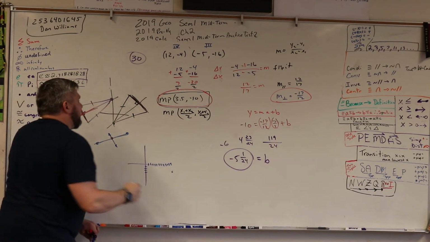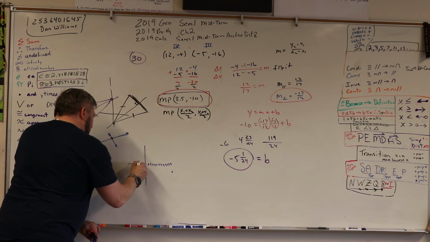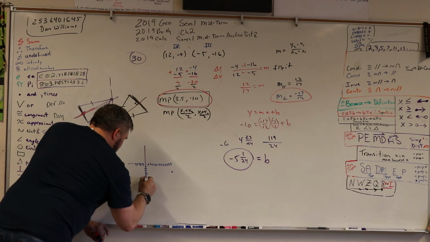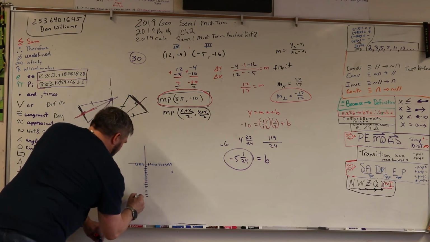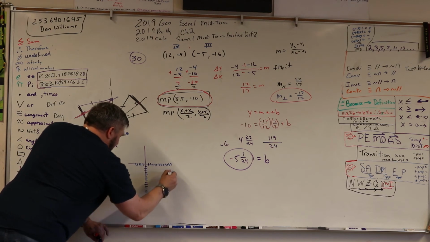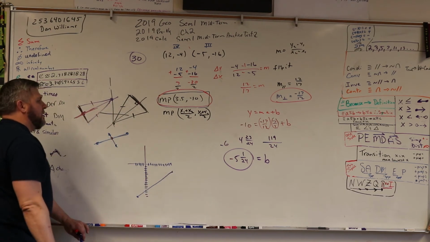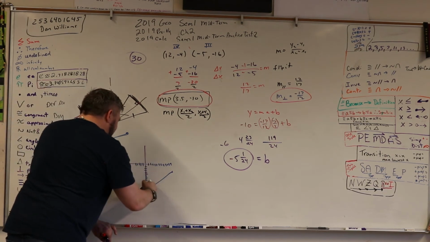Okay? And then I go negative 5 and down 16. So that would be about there, right? When I make this point, somewhere would be the midpoint, right? Which would be at 3.5 and negative 10.